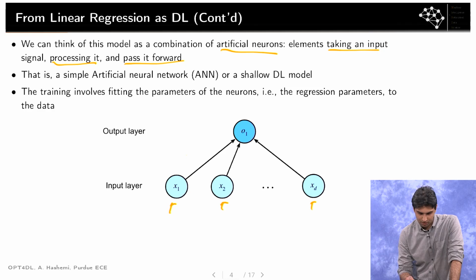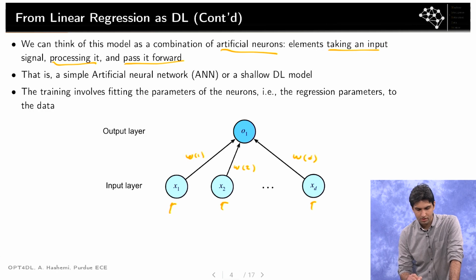So for instance, we multiply x1 with the first component of w. We multiply the second feature with the second component of w, and so on and so forth. And we multiply the last feature with the last component of w to get the output.